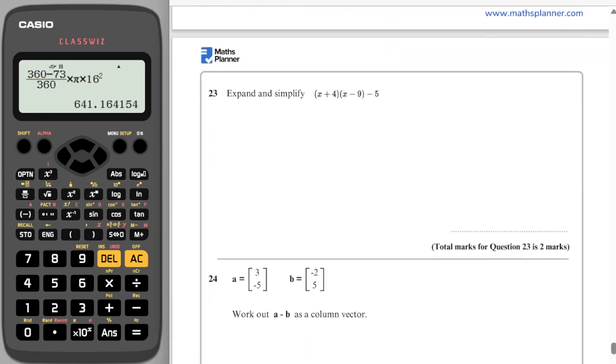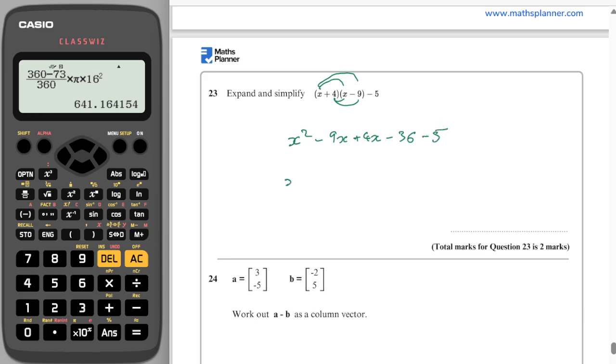Okay, question 23, expand and simplify. So if we expand the double brackets first of all, x times x gives us x squared. X times minus 9 would give me minus 9x. 4 times x would give me plus 4x. And then 4 times minus 3 would give me minus 36 minus 5.